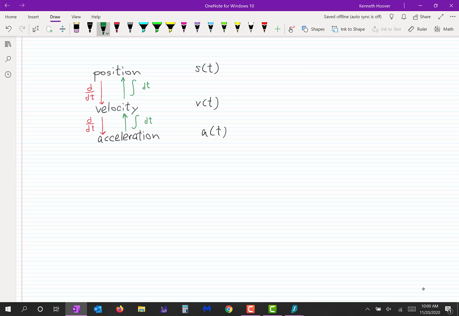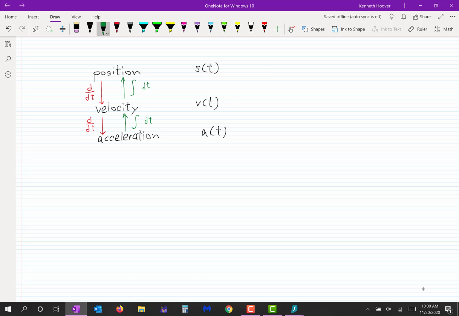So for instance, if they give you a formula for the velocity of a particle and they ask how much the particle has moved over 5 seconds, you would just integrate the velocity from 0 to 5, and that would tell you the change in position.